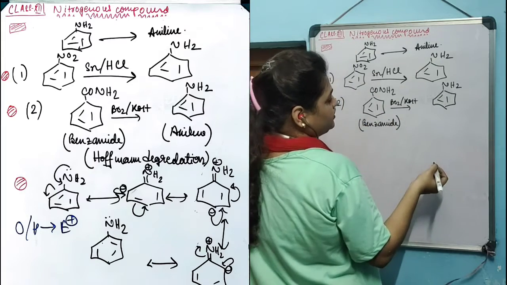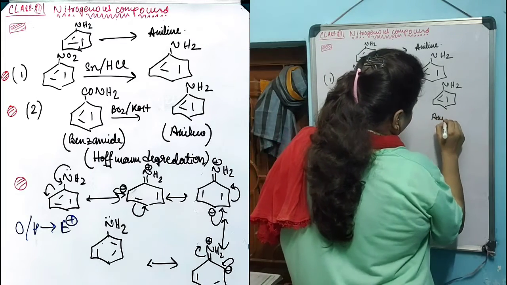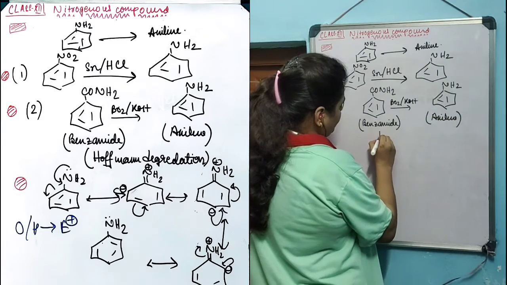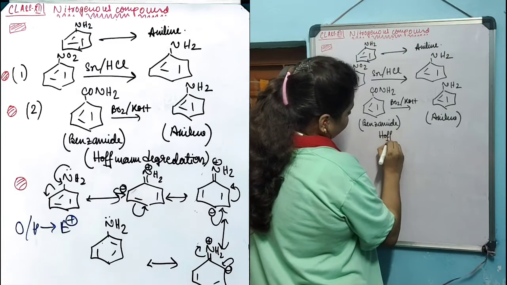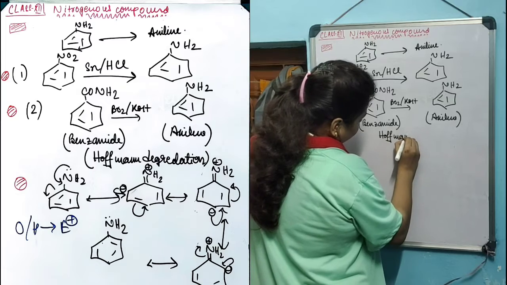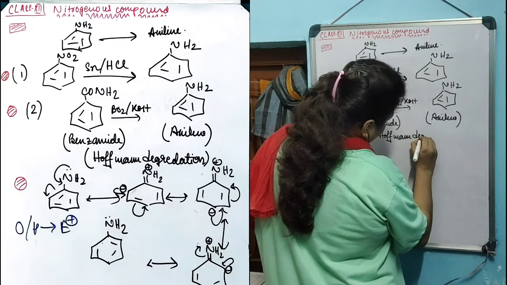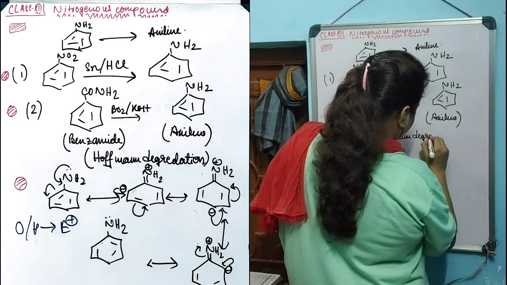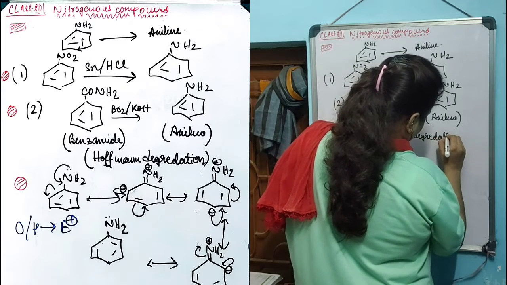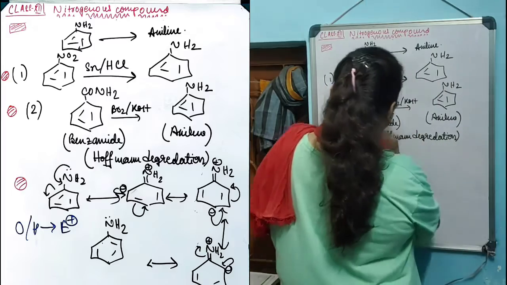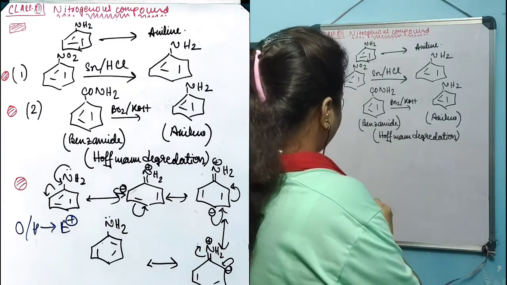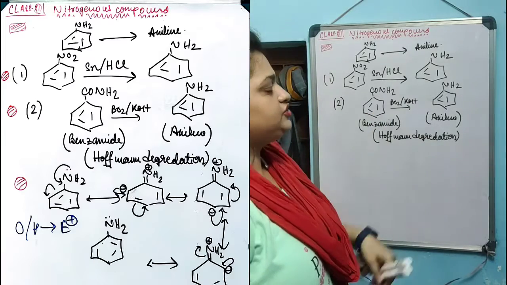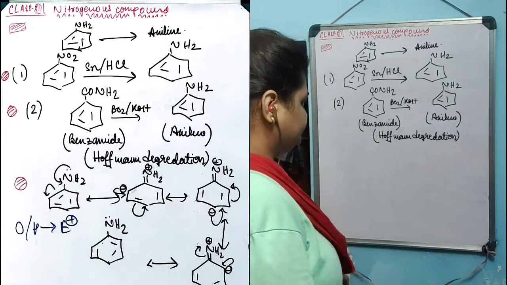When treated with Br2/KOH, it produces aniline. This method is known as the Hofmann degradation reaction. These two are very well-known methods for the preparation of aromatic amine or aniline.